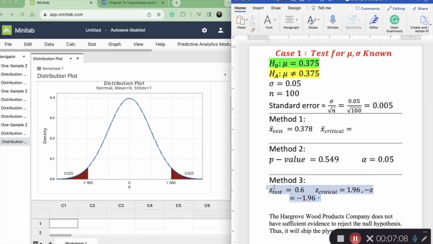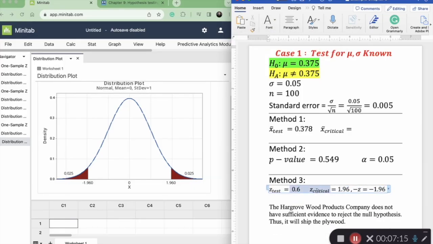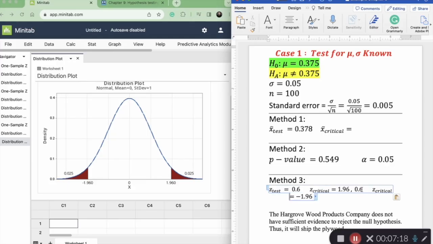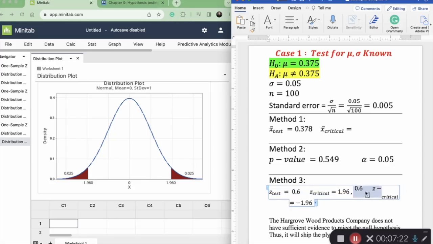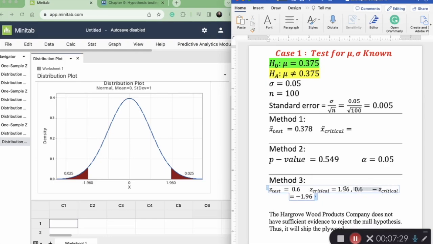If you compare the z-test 0.6 with the two criticals, you're going to find 0.6 is not greater than 1.96 to be in the rejection region on the right, and it's not less than negative 1.96 to be in the rejection region on the left-hand side. So that's why we fail to reject the null hypothesis.